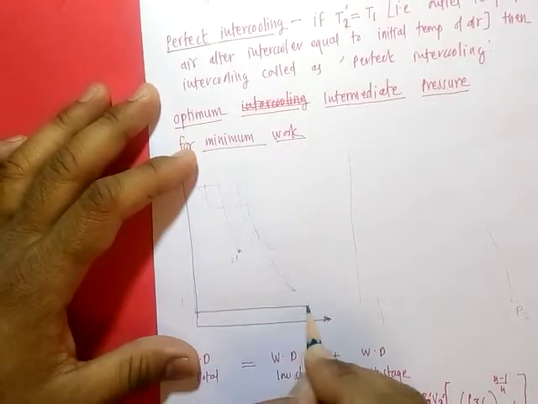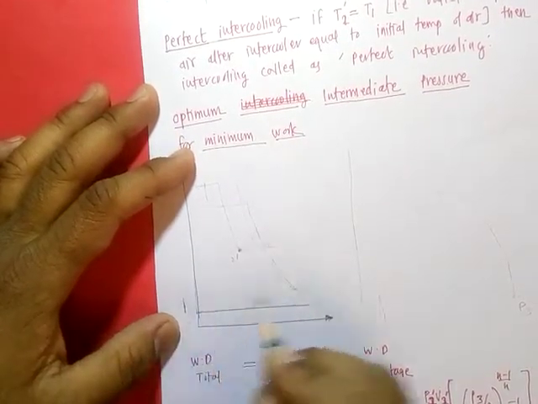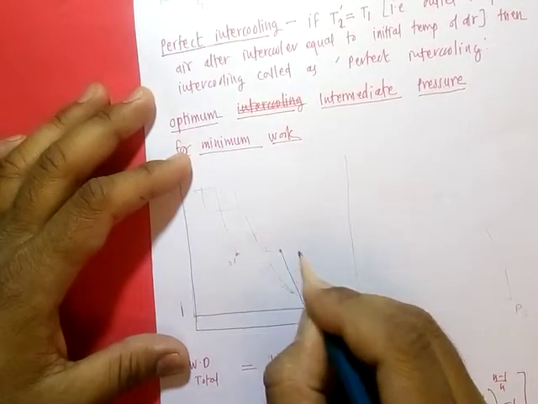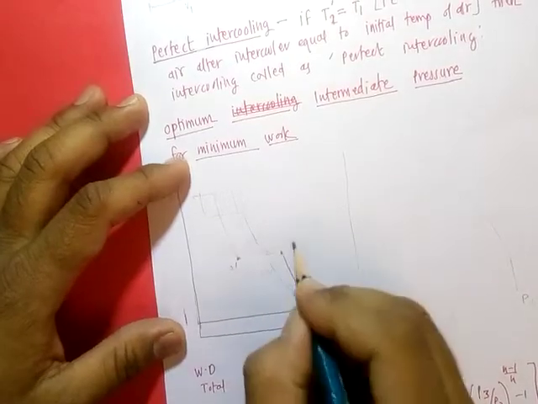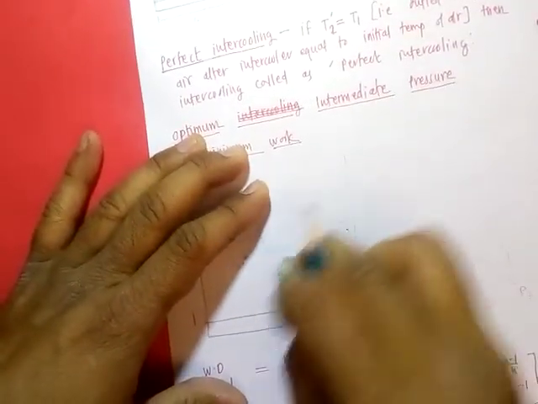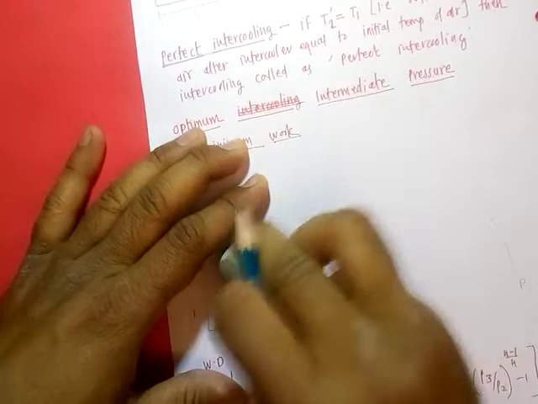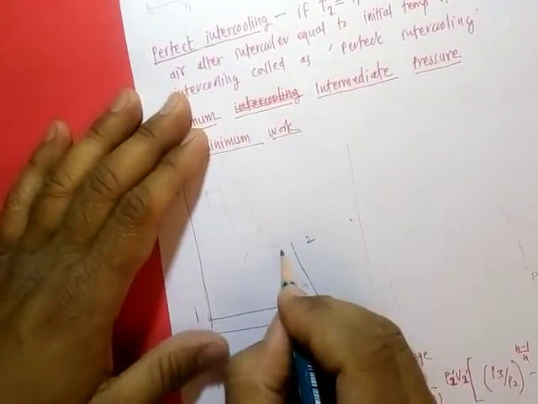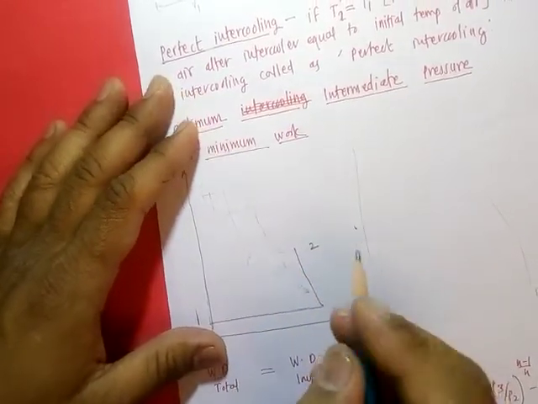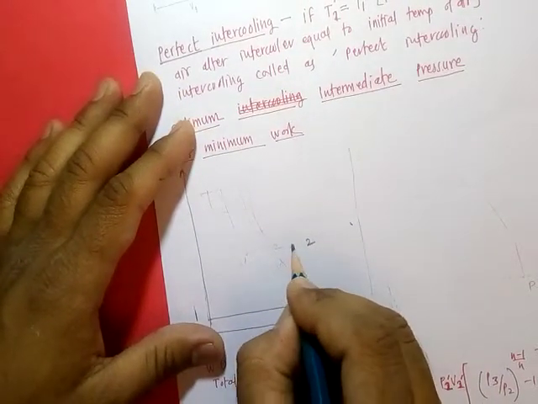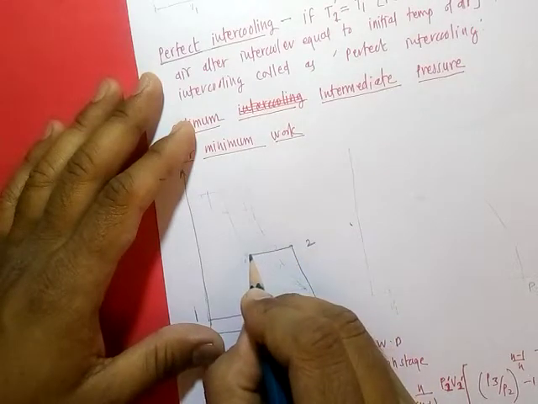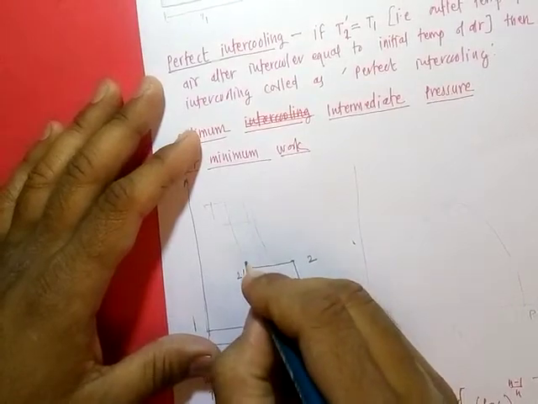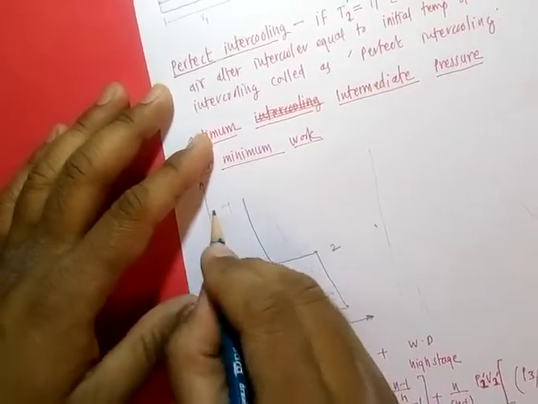Suppose air is taken at pressure P1 and compressed up to pressure P2. Then in the intercooler, if intercooling is perfect, it is cooled to point, say, T2 dash here, then again compression takes place.